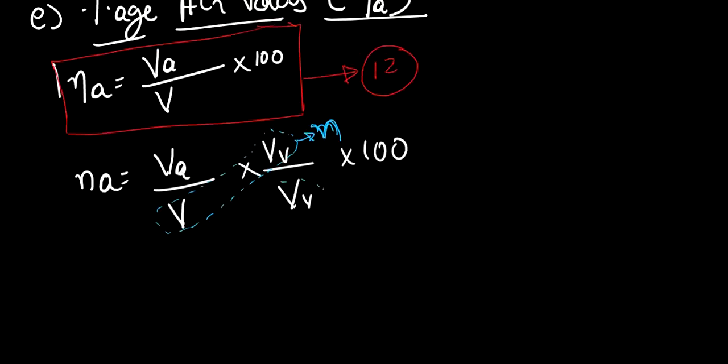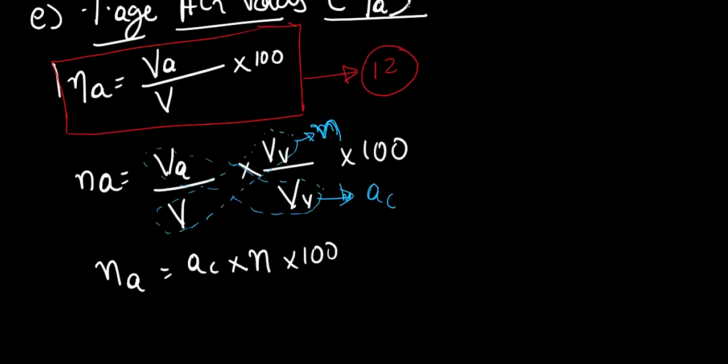And volume of air upon volume of void is nothing but air content. So I will get percentage air voids is equal to air content into porosity into 100. If you shift this 100 to the LHS, you will get Na upon 100 is equal to AC into n.